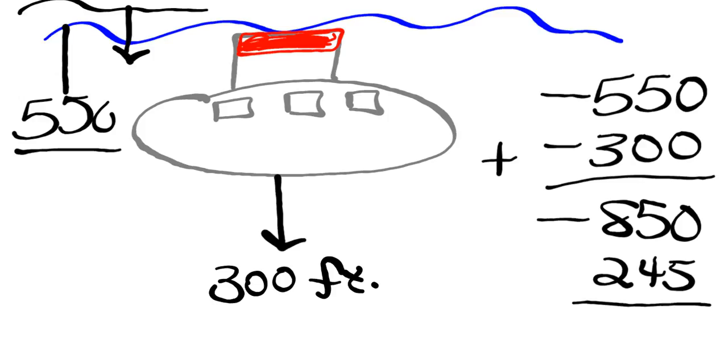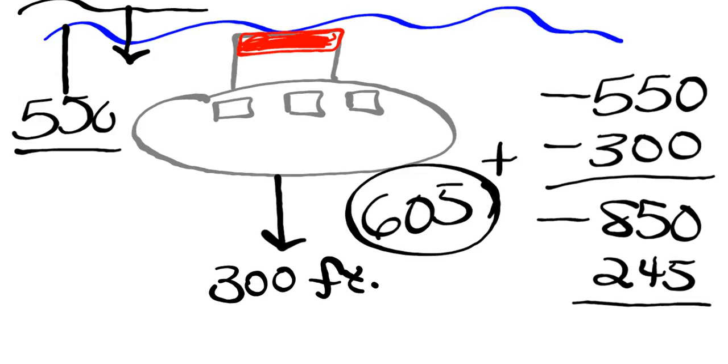Oh, we added. So what's the location of the submarine now? The location of the submarine would be 605 feet below sea level. Good job. It is 605 feet below sea level. Well, it'd be negative if you're writing it like that.